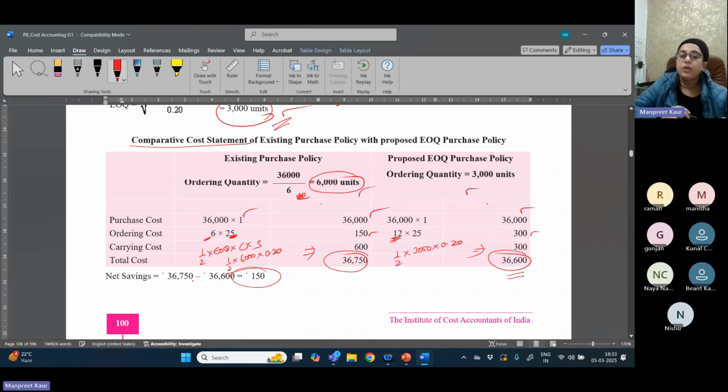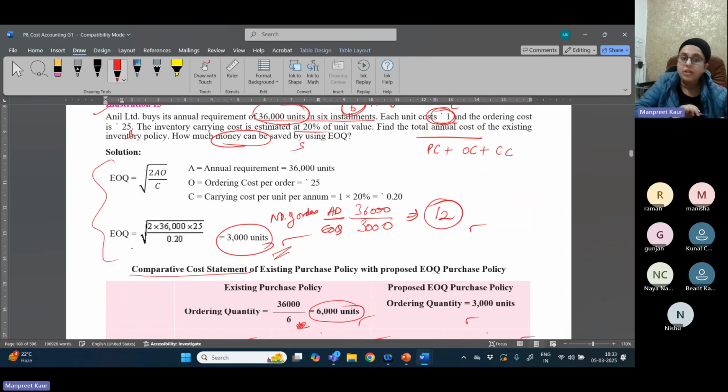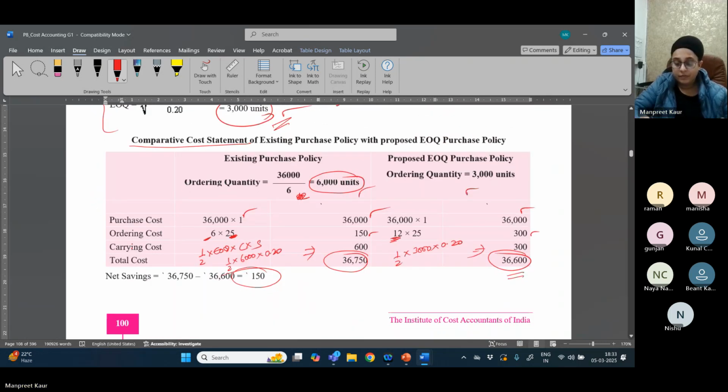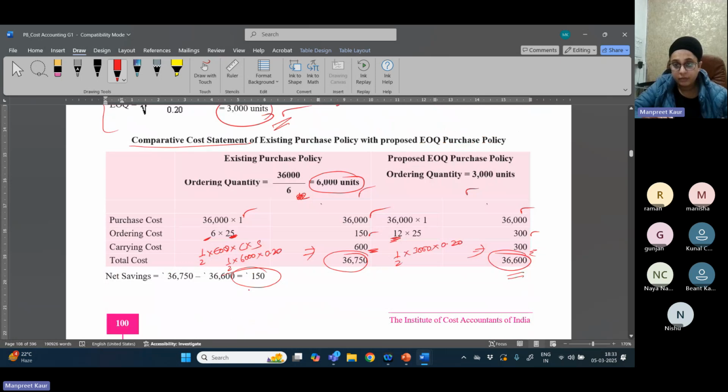That means a net saving of 150. We say that instead of 6 orders we take 12 orders, so which cost will be saved? Carrying cost. A lot is saved, in which we can save 150 rupees. This is our answer. Clear? Any doubt in this question?